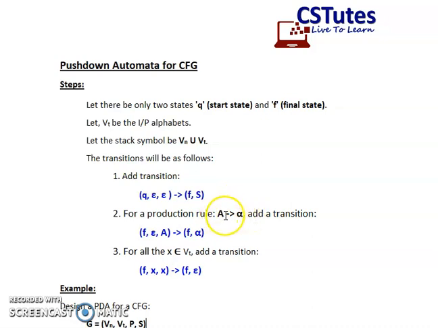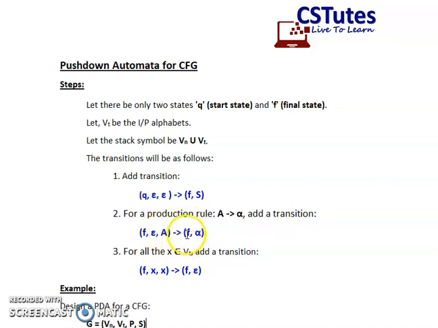That means if you have a non-terminal on the left-hand side and a combination of terminals and non-terminals on the right-hand side, then you are going to add this particular transition in which the state is your final state, input is taken to be empty, that is epsilon, and the symbol on the left-hand side of your production rule, that is the non-terminal A, is considered to be the element of your stack.